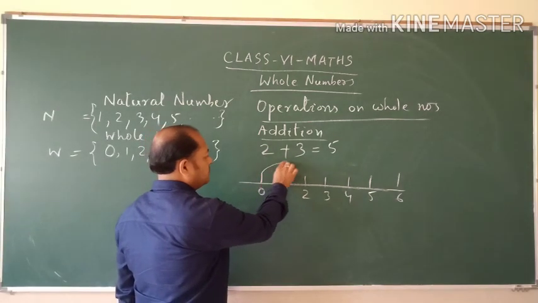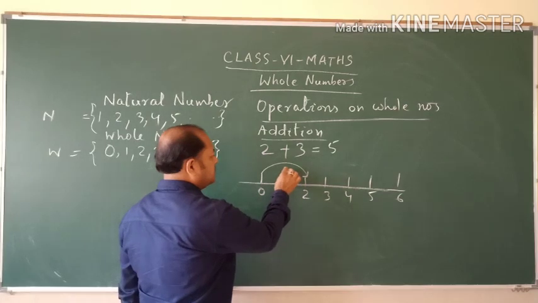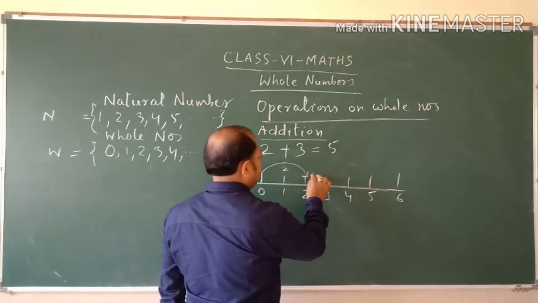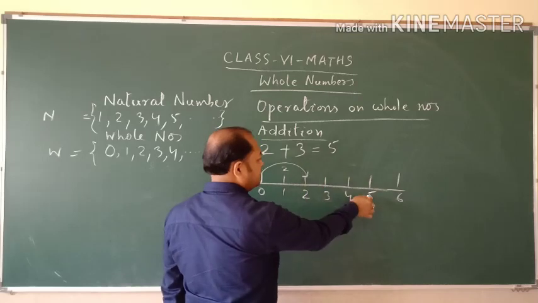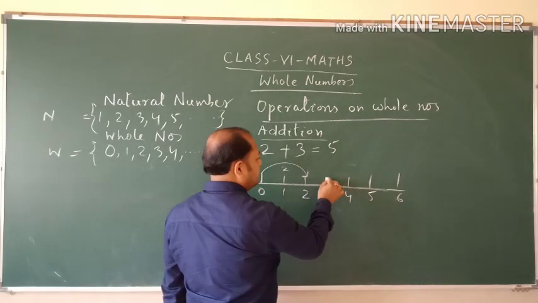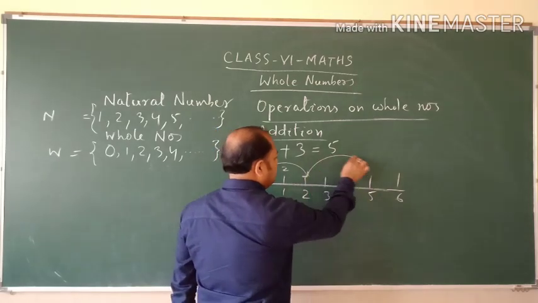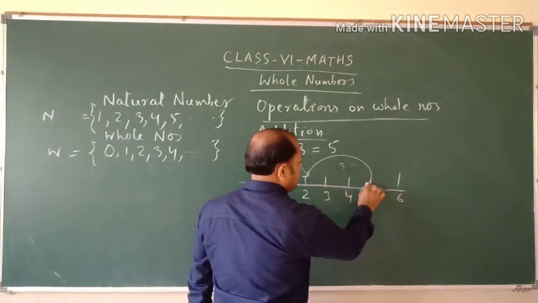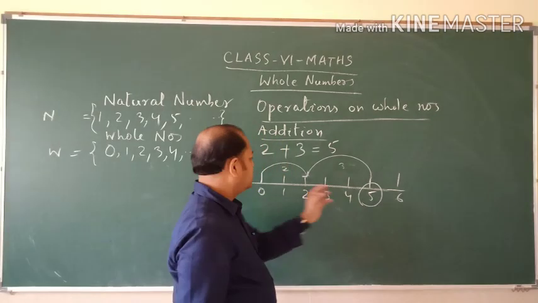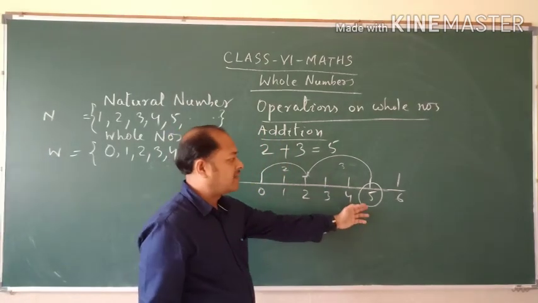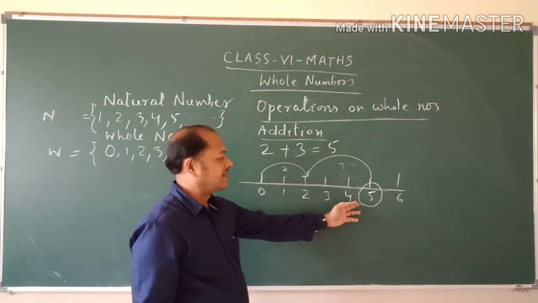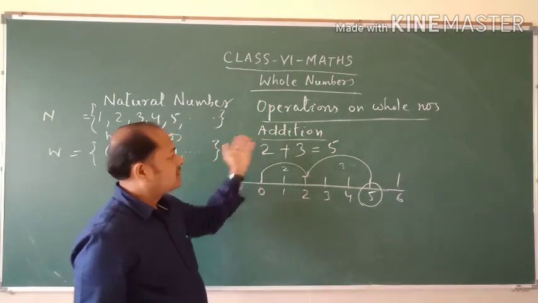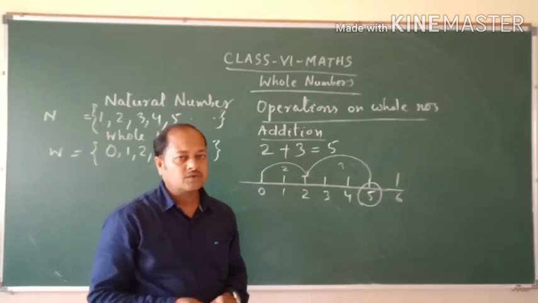Then for plus 3, from here it will jump 1, 2, 3 positions. So 2 plus 3 equal to 5 on the number line shows like this, and the result is 5. So this is the operation of addition.